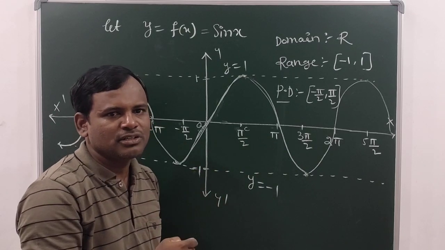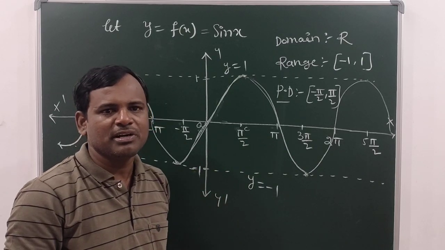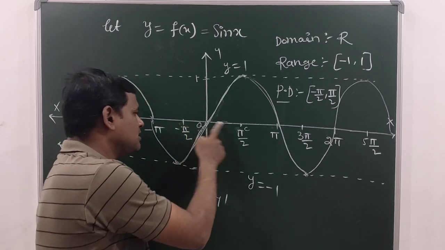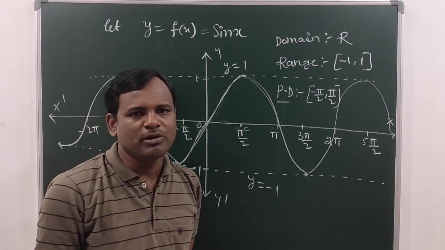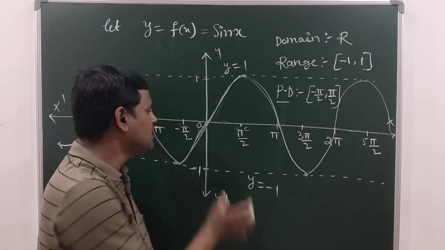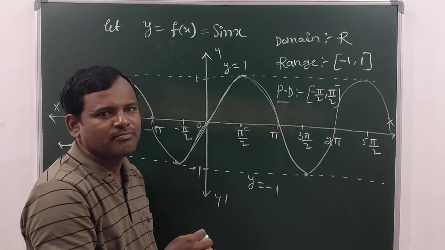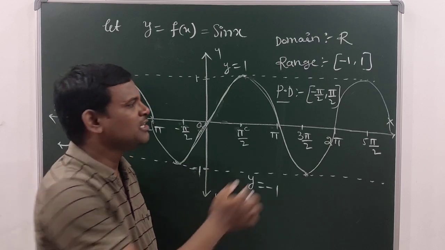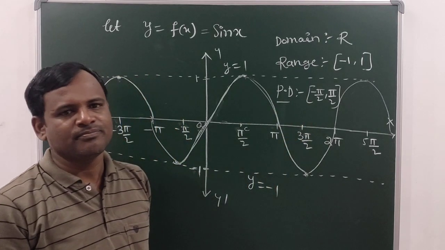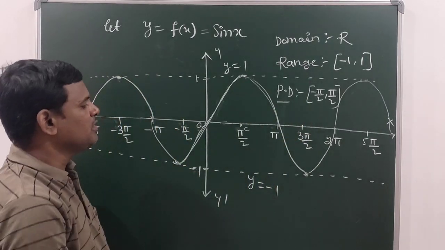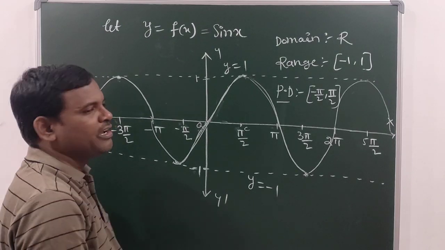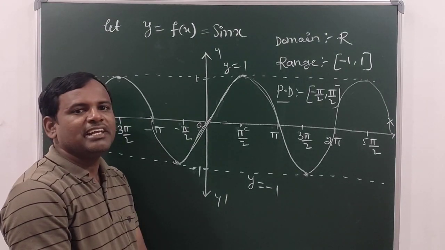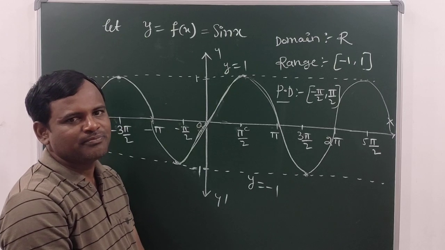But the mathematician who wrote this trigonometry said that this interval, which includes the origin, is known as the principal domain, so we consider this interval. Next, where this function is attaining a range as 0.